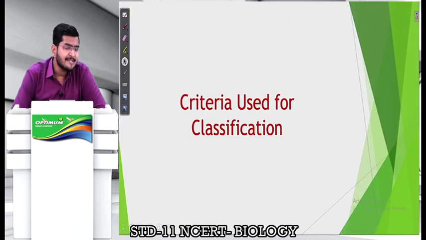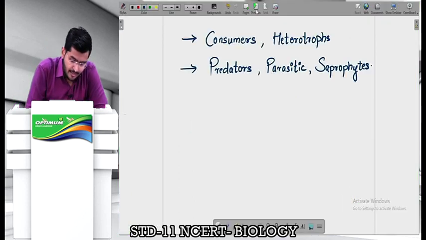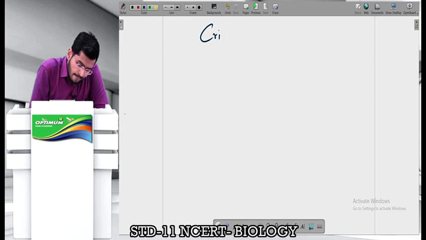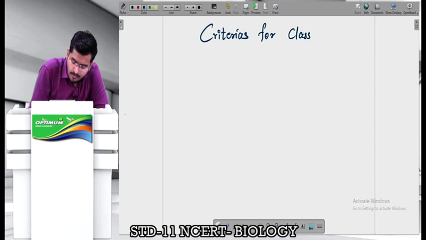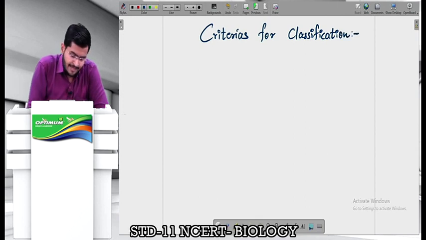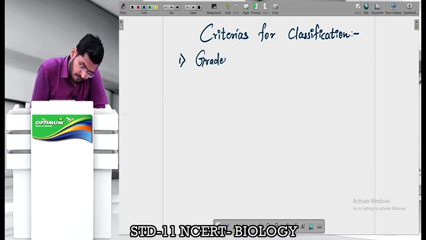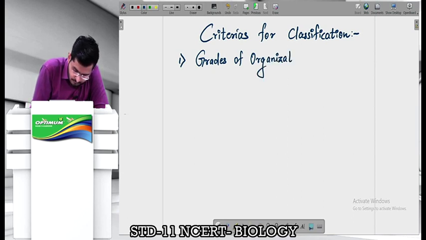So there are total 6 criteria that we need to study, on the basis of which we will categorize animals into different phylums and different classes. So what are those criteria? Criteria for classification. Let us begin with the first criteria. The first criteria is grades of organization. The second criteria is going to be symmetry.